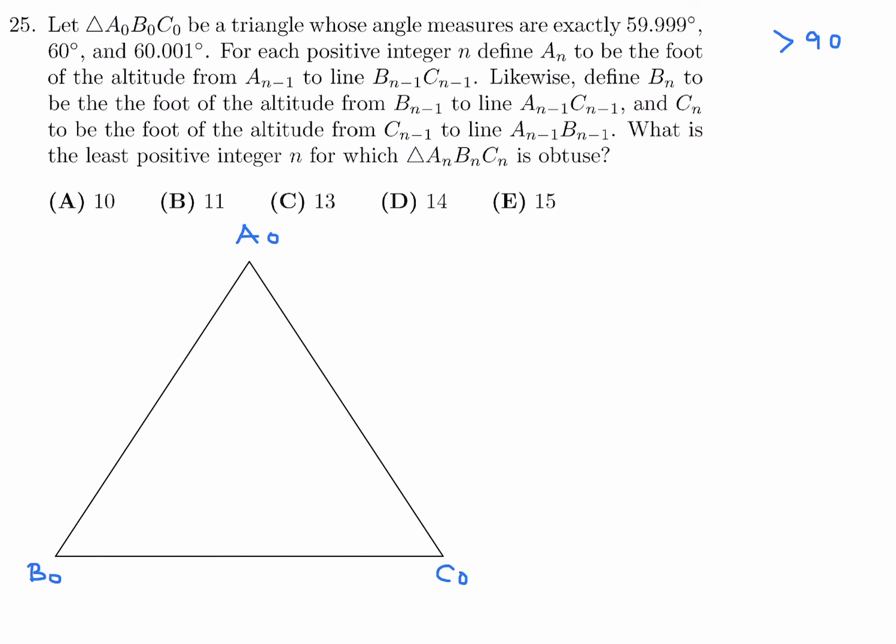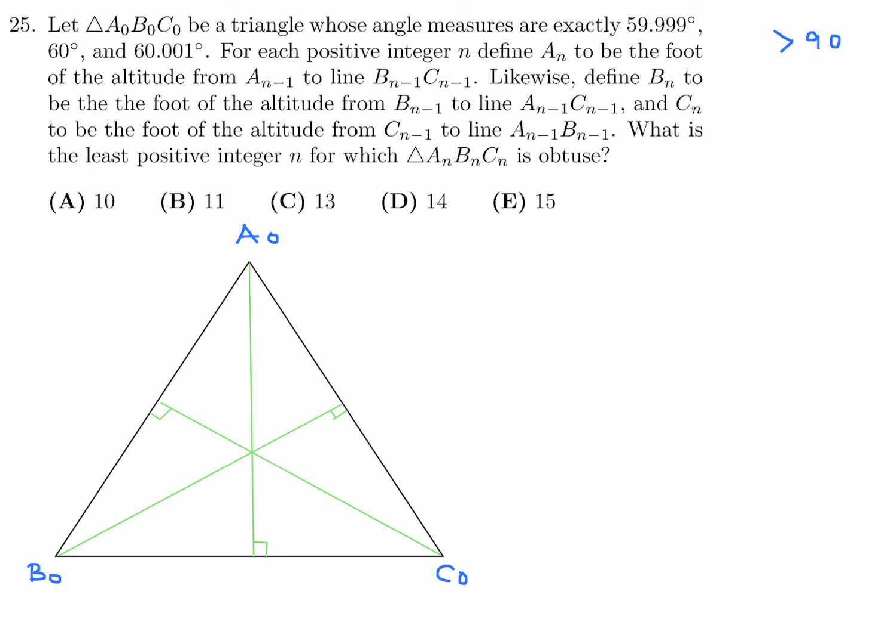And then the definition, entirely based on what's written in the question, is that you're going to draw altitudes. So first, let's draw this altitude. That's, of course, a right angle. And then draw another altitude that hits there, right angle. And another one from there to the other side, right angle.